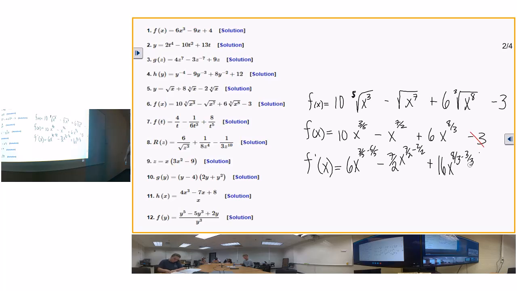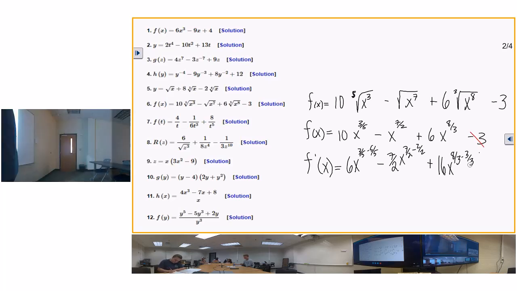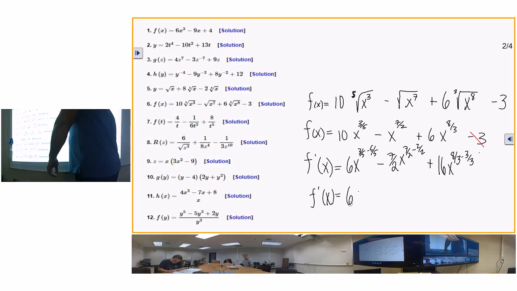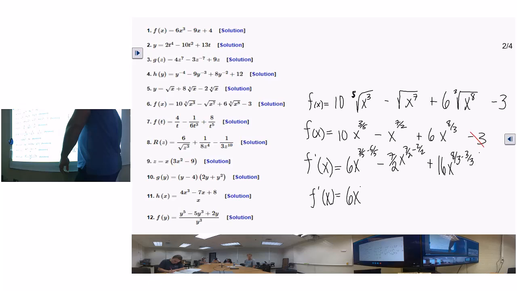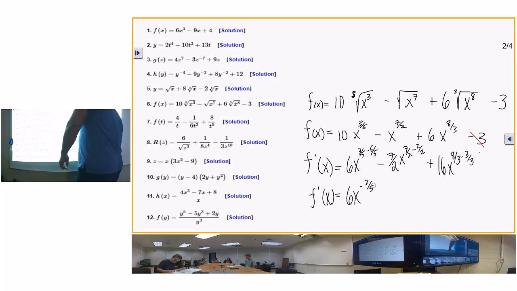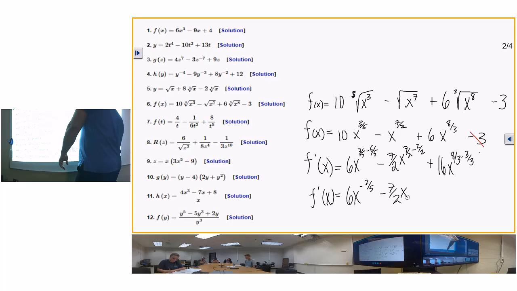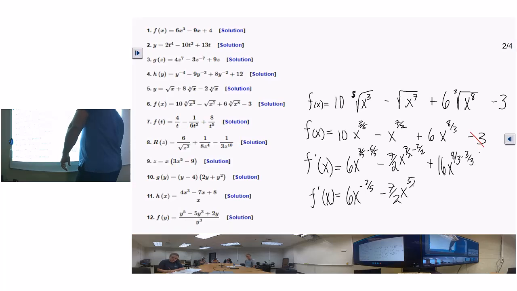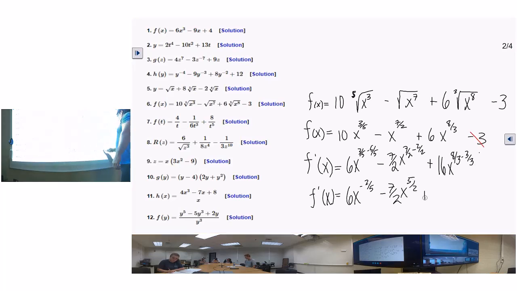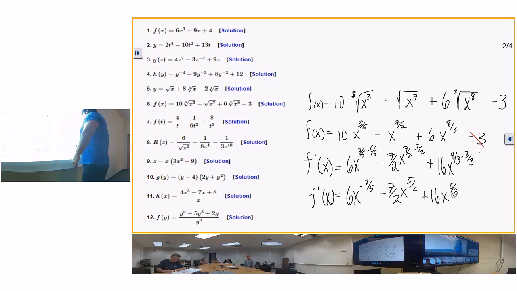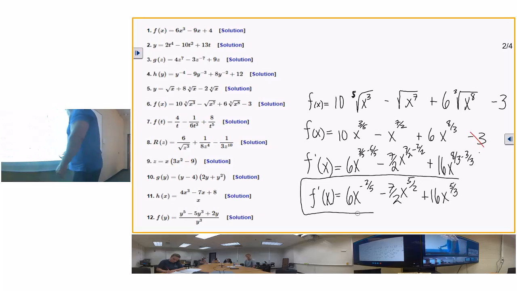So f prime of x is equal to 6x to the what? Negative 2/5 minus 7/2 x to the 5/2 plus 16 x to the 5/3. Somebody check my math, make sure I didn't screw up.